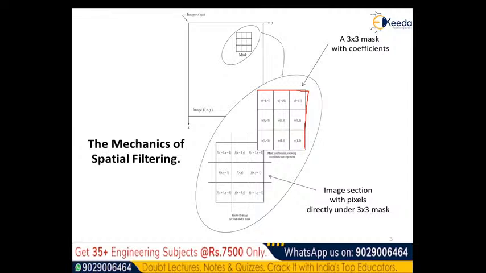This mask can be designed as per the requirement. Whatever values we put in to form this mask are called coefficients, as we just talked about. For the pixel under consideration, let us denote the coefficient as w in the bracket 0 comma 0.